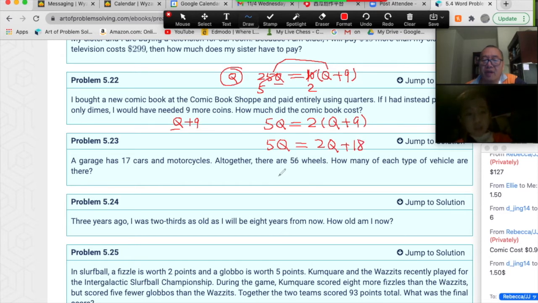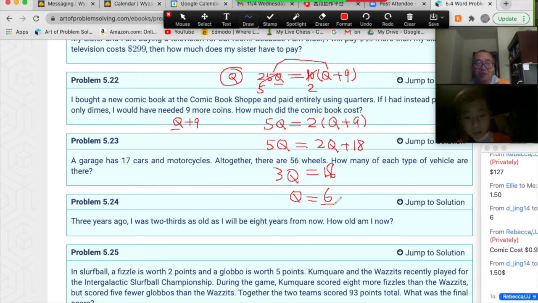Then both sides minus 2Q, we get 3Q equals 18. Both sides divided by 3, you get Q equals 6. This is the number of quarters we need to use.